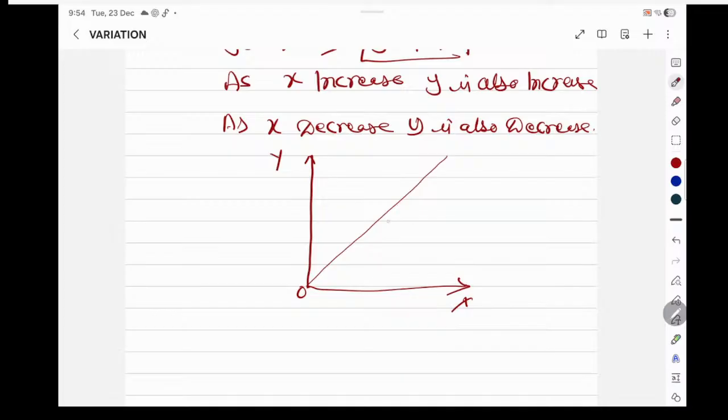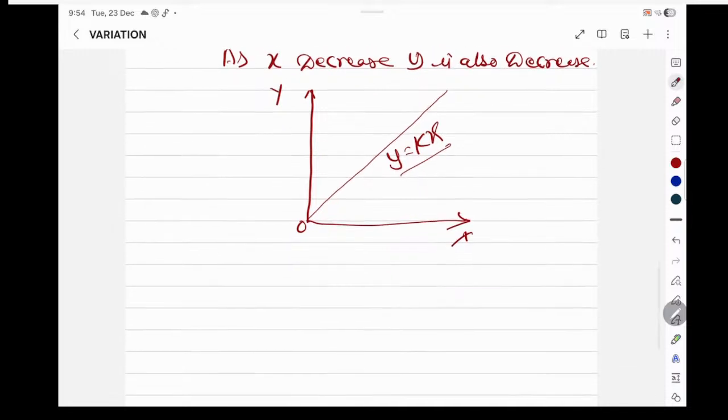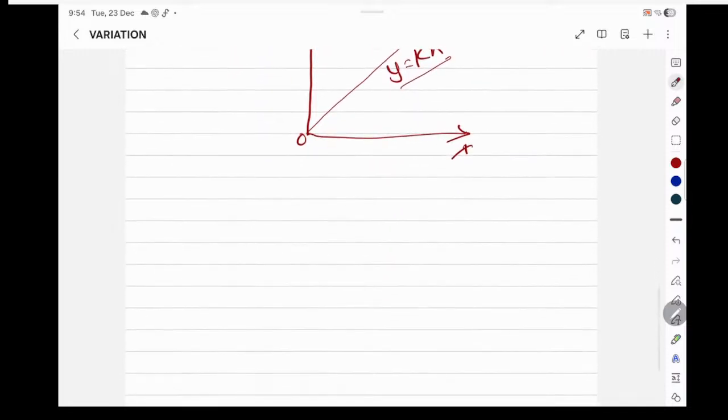This is the graph of y equal to kx, a straight line which passes through the origin.